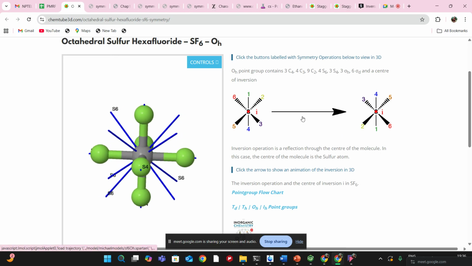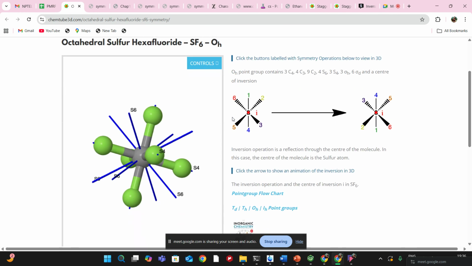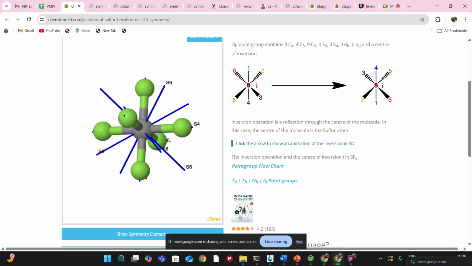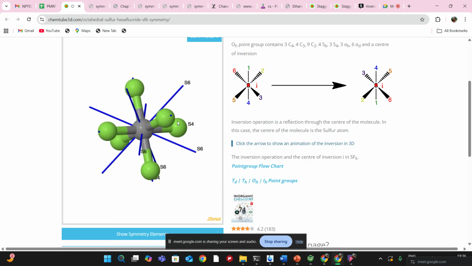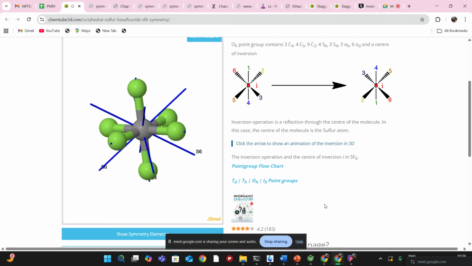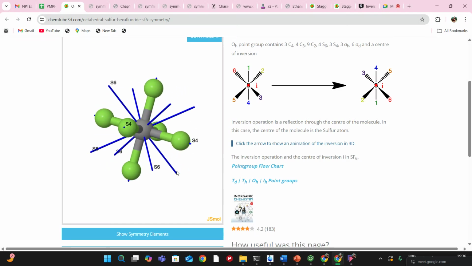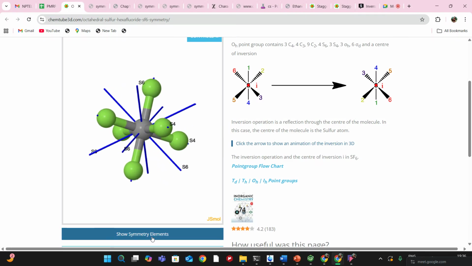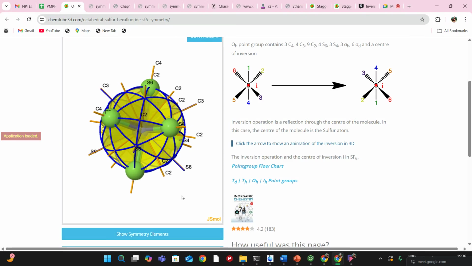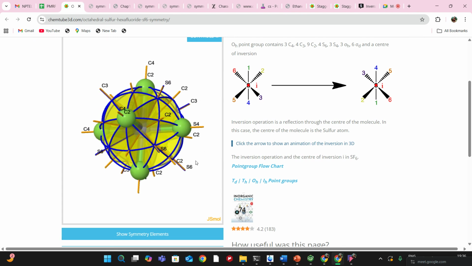So in this website, this is an octahedral molecule, for example SF6. Here, the SF6 operations are shown. You can take your time, and if you want to understand it clearly, if you click on show symmetry elements, you can see all the different symmetry elements present.